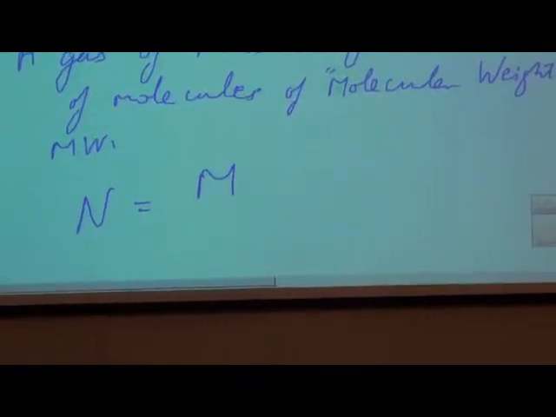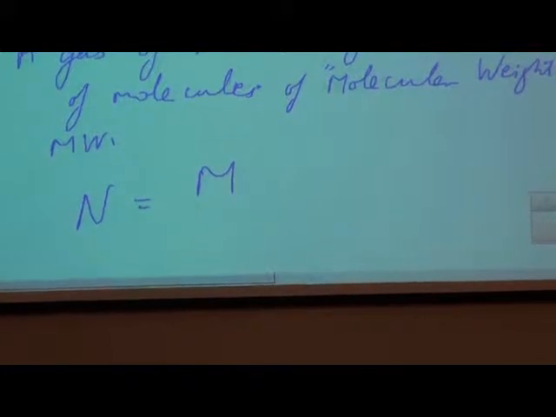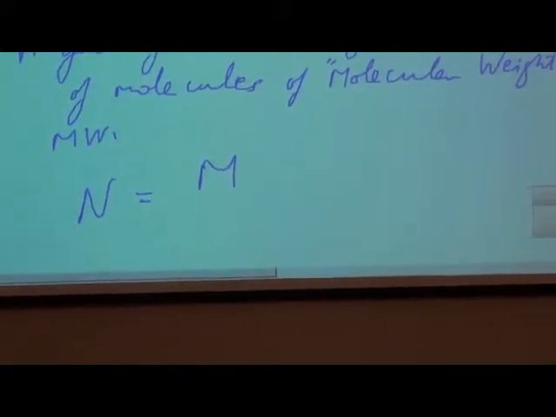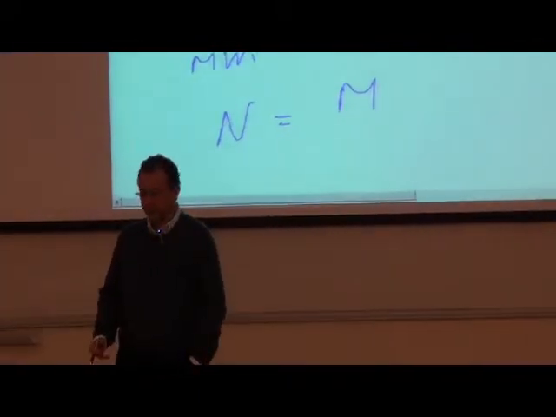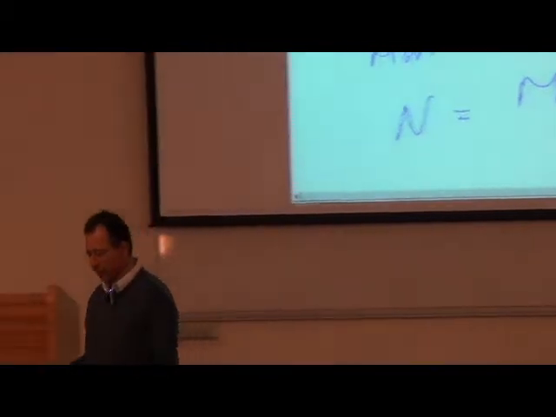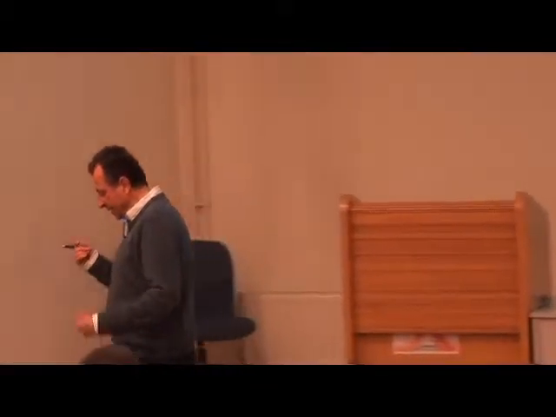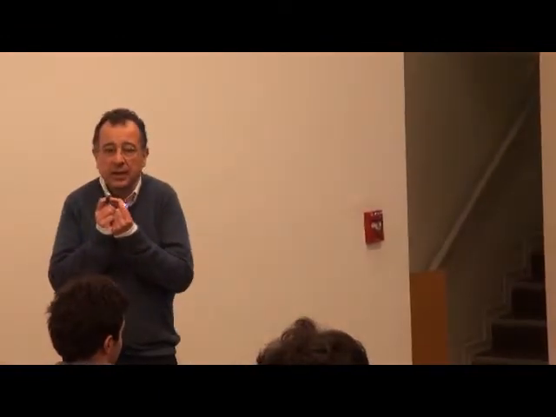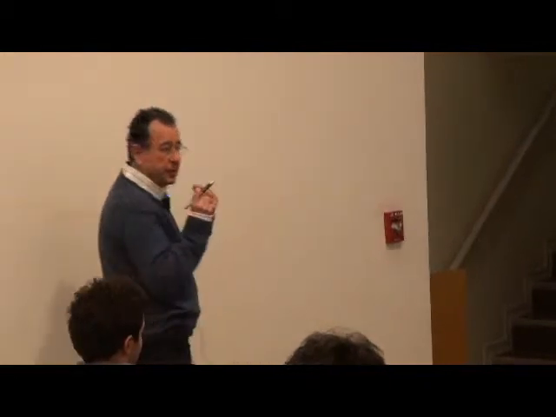Then N, the number of atoms, or number of particles, is simply the total mass. You have 200 grams of gas there, and you divide it by the mass of every little particle there. And that mass is, of course, going to be very small.